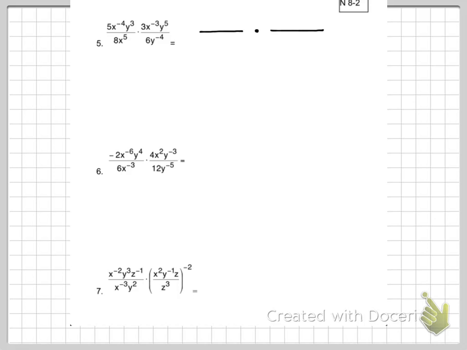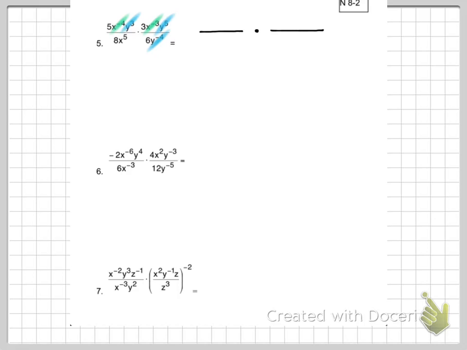Now, one thing to remember is that these exponents only go with the variable that they're attached to. So here's x's, that x cubed is all that's attached to that with that exponent. Okay? And for example, this y cubed and y to the 5th and y to the negative 4th. The numbers are another piece altogether.